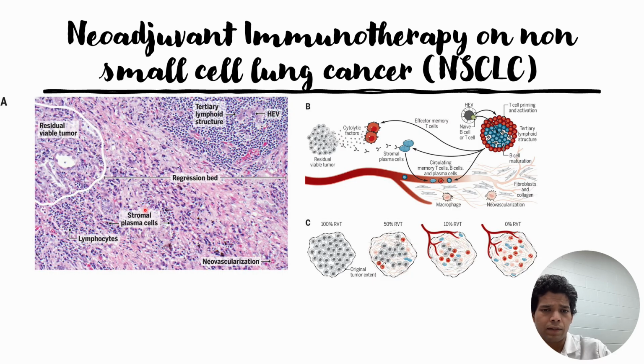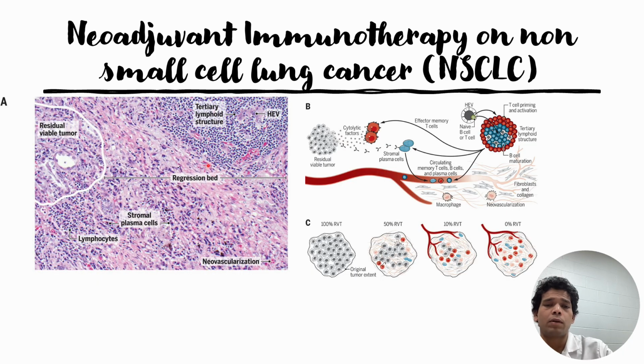Here are the stromal plasma cells, the lymphocytes, and the neovascularization. The neoadjuvant immunotherapy effect is going on in terms of the activation of the T cells at the secondary site. We briefly covered these things in our previous video also.